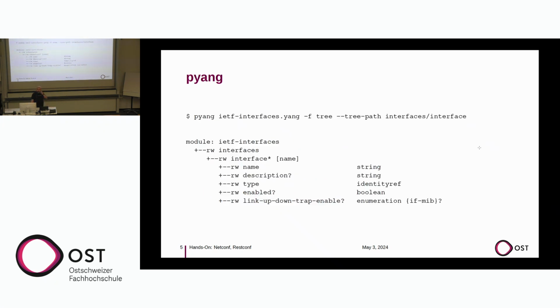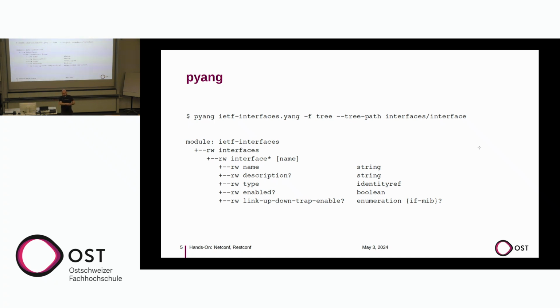And if we want to analyze this, we most likely would use some tools. We can have them online, like the Yang catalog, or we can use, for example, this Python tool, pyang, where we can visualize the whole Yang in a nice tree structure, for example, so that we can also read it easier.